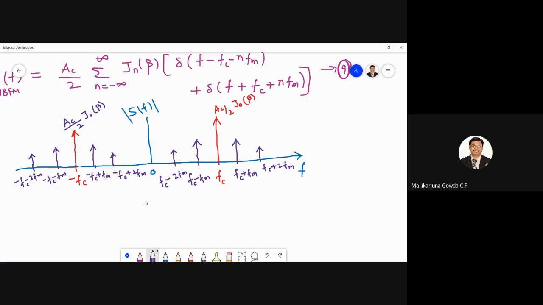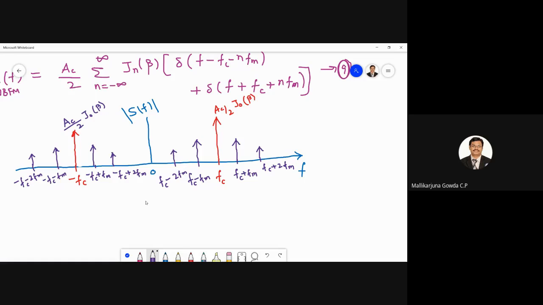So this is the spectrum for a single tone modulating signal only, right? But in the earlier case, either in narrowband FM or in standard AM, we found only one pair of sidebands, with FC as the center frequency, along with FC plus FM and FC minus FM.